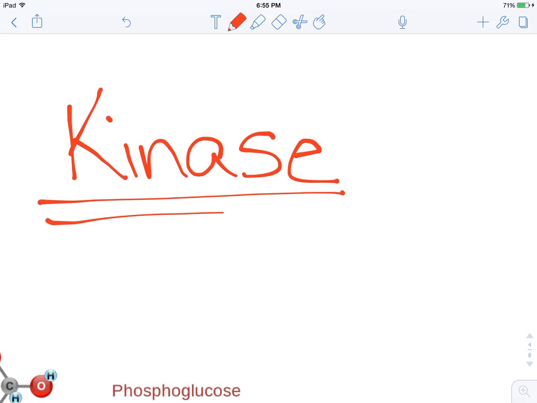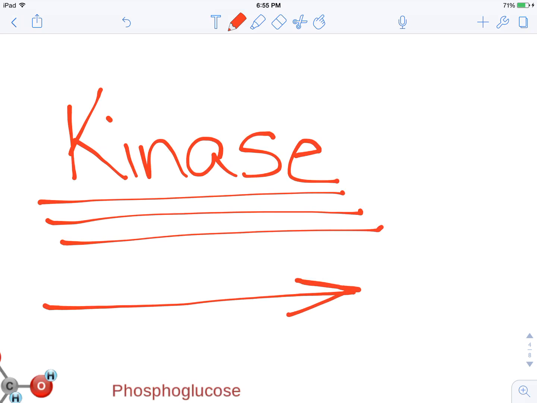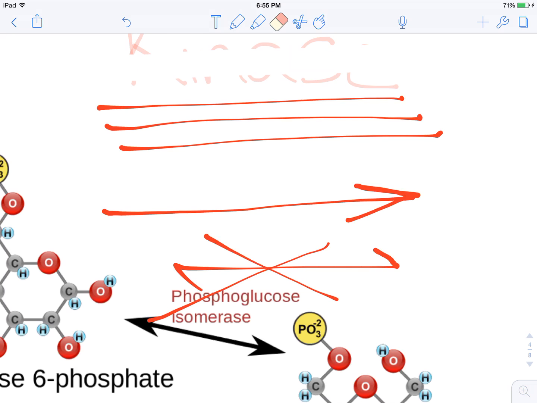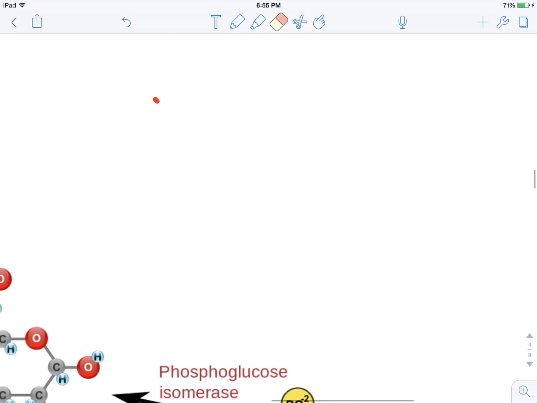Whenever you see an enzyme in glycolysis that ends in kinase, you know that the reaction is one way and not two-way. Keep this in mind as we go through glycolysis.